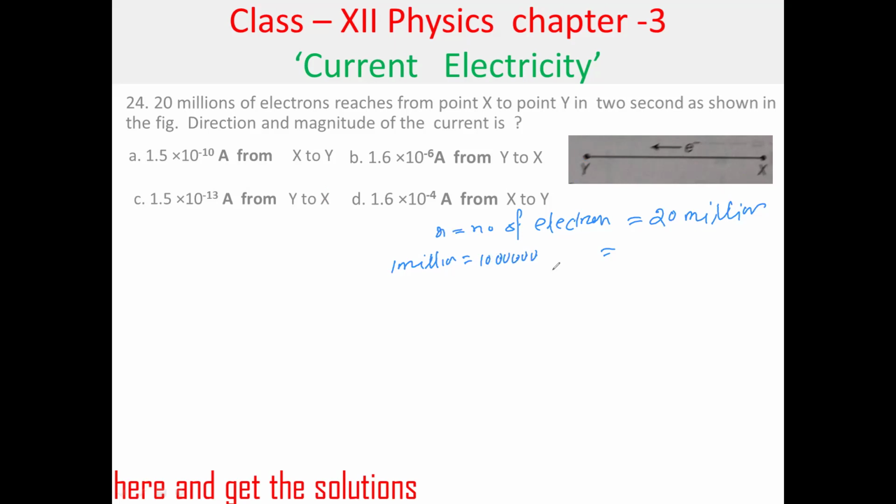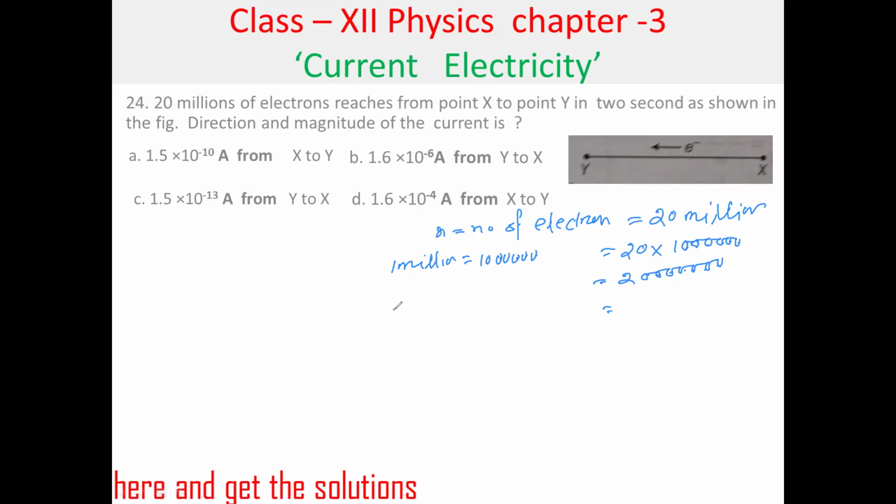So 1 million equals 10 lakhs, and 20 million will be 20 into 10 lakhs. Now it will be 2 into 10 to the power 7. So this is the number of electrons.